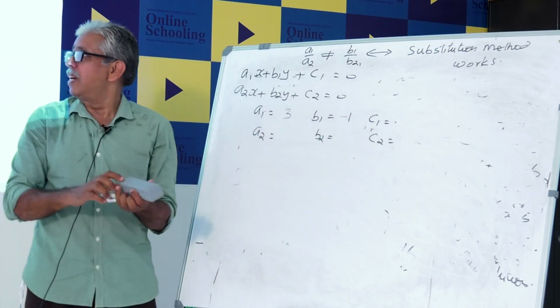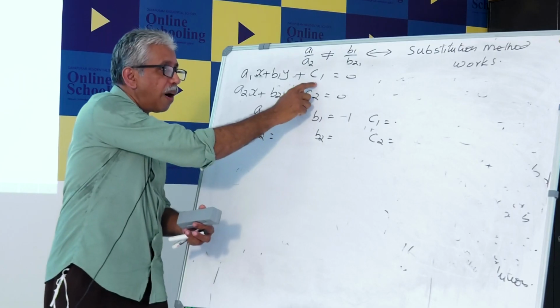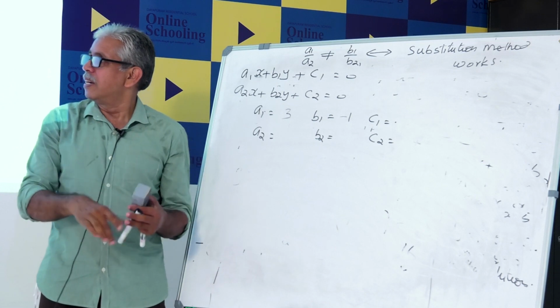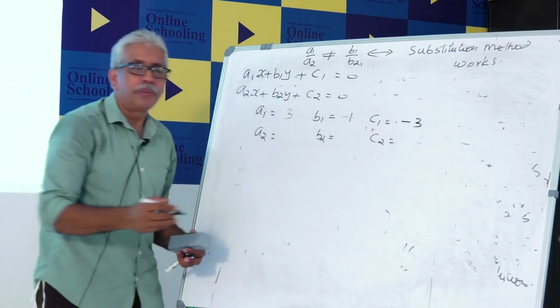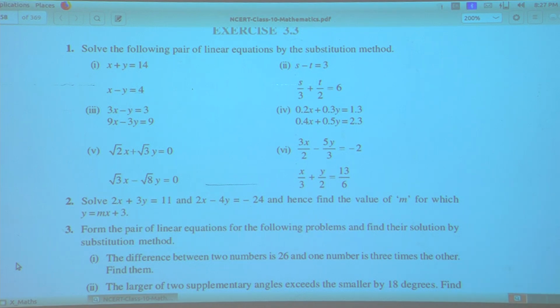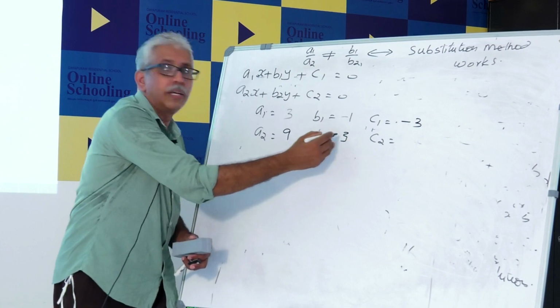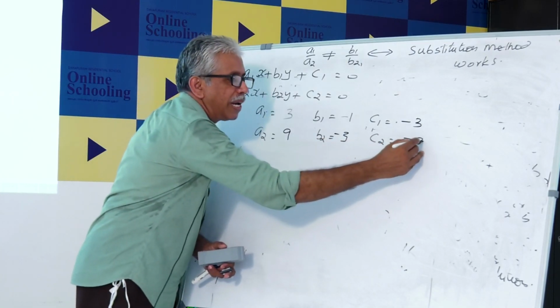And what is c1? When you write it in this form, the 3 on the right side will come to the left side, so it becomes minus 3, so c1 equal to minus 3. And what is a2? a2 equal to 9, b2 equal to minus 3 and c2 equal to minus 9.